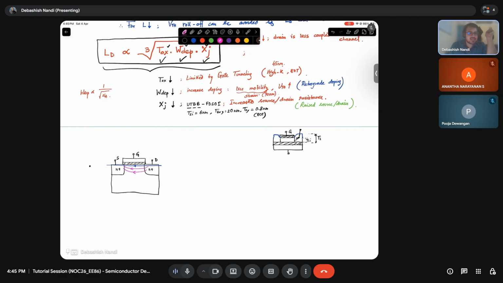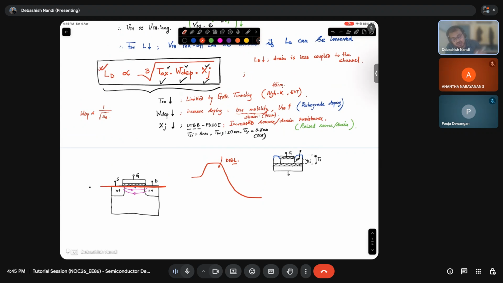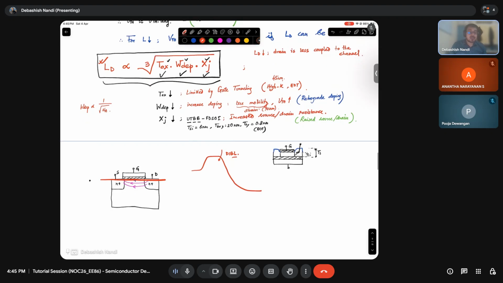So what are the consequences? If I draw the band diagram, we were able to control this DIBL by means of having control over the LD. That is fine. I have controlled my leakage. I have improved everything. But what about these regions? If I draw a band diagram at this location, I may still have drain induced barrier lowering.